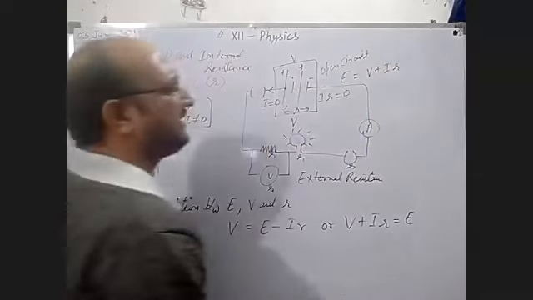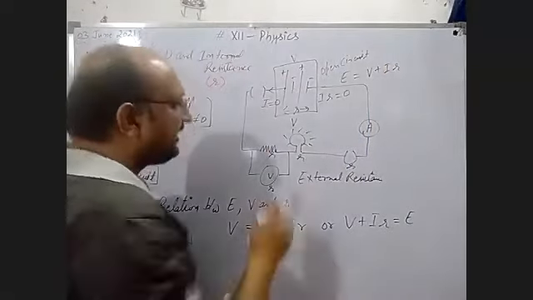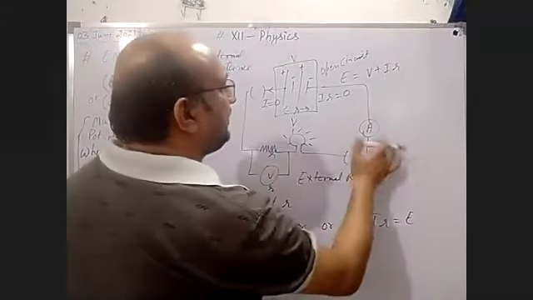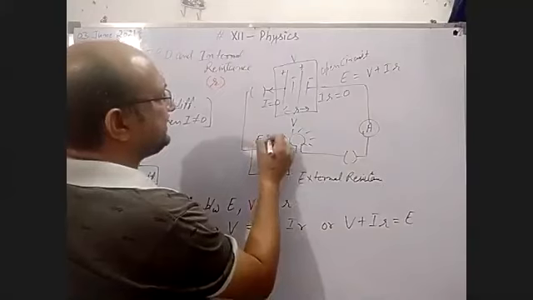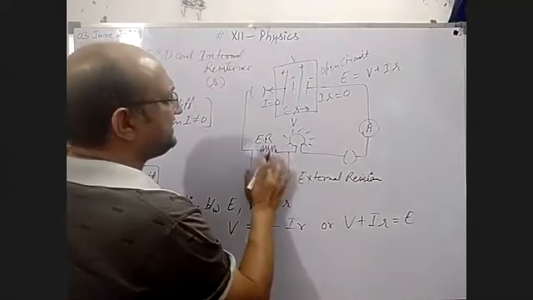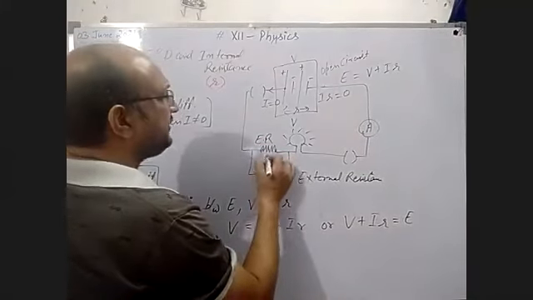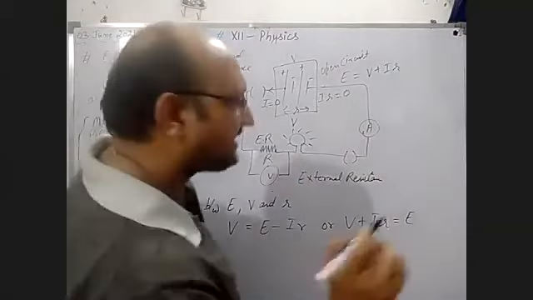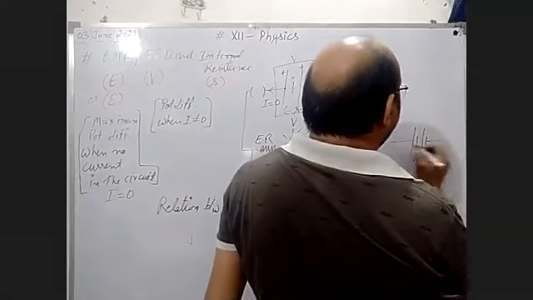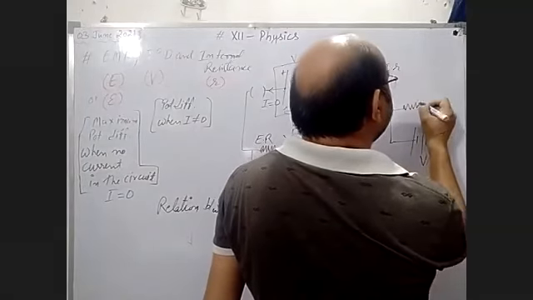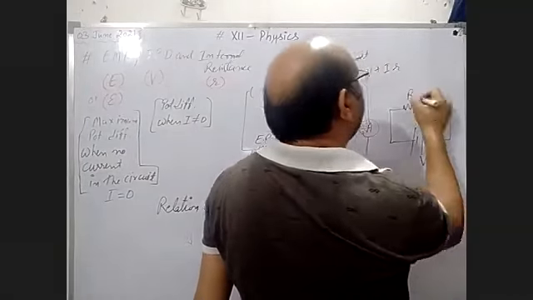What does this mean? Suppose we ignore the resistance of all the other components. Only the external resistance is there, denoted by capital R. In class 10 you had already studied all these things. Suppose this is the circuit, a schematic diagram I am taking.